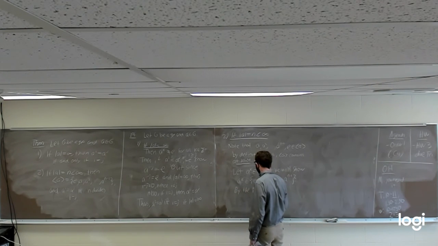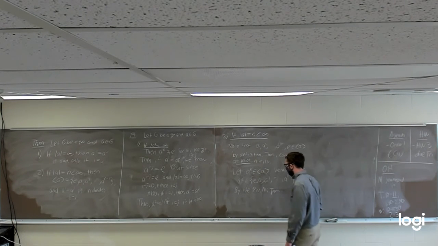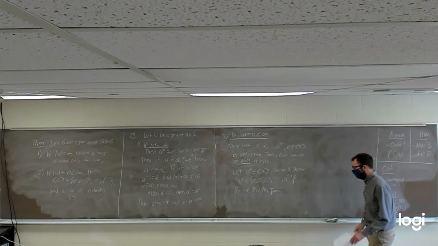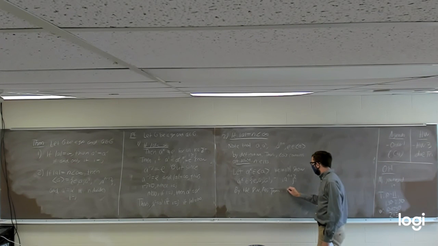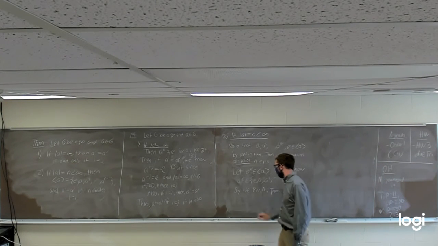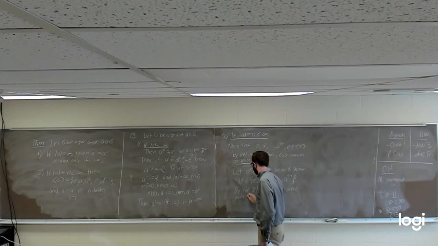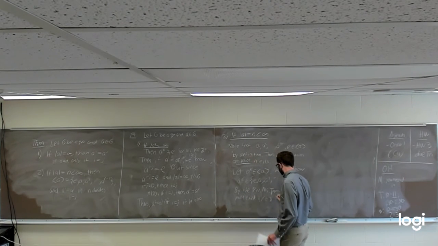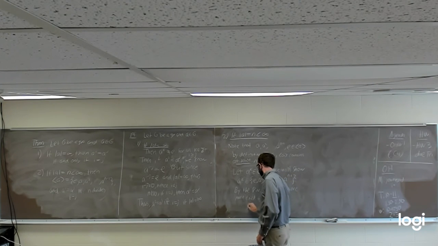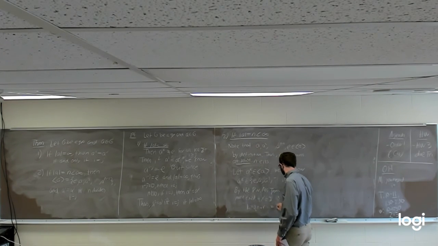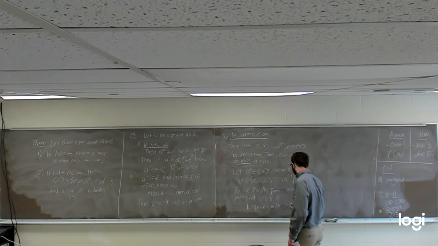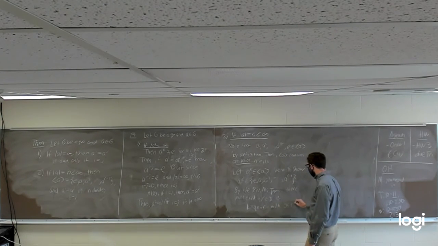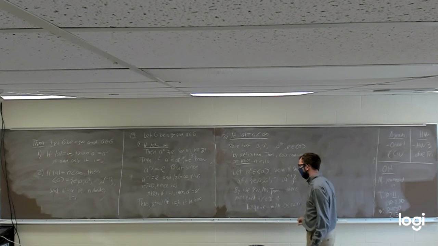I'm going to say that by the division algorithm theorem, or the div algorithm, if you prefer, there must exist integers Q and R such that K is equal to Qn plus R, with R greater than or equal to 0 and strictly less than n.